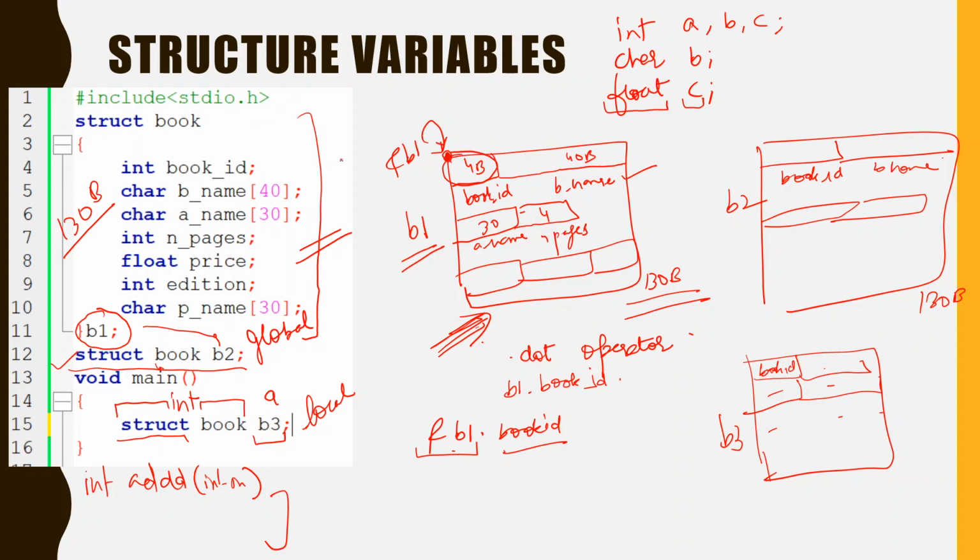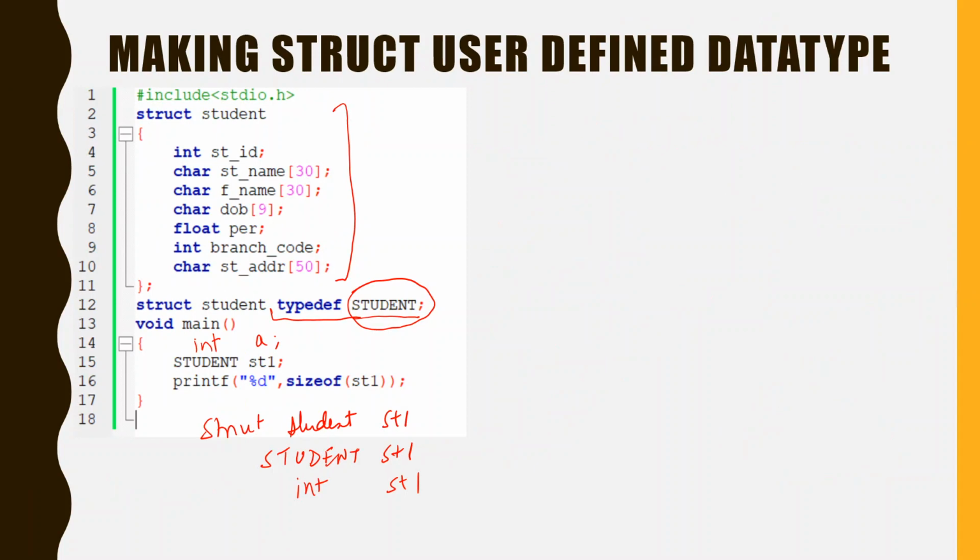Obviously the order of the members is maintained in the storage of the structure, that is, the first 4 bytes would be book id, the next 40 bytes would be the book name, and the next 30 bytes would be the author name. This is an important thing to note and remember.